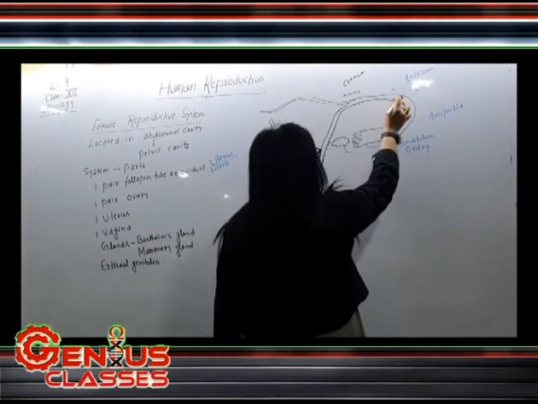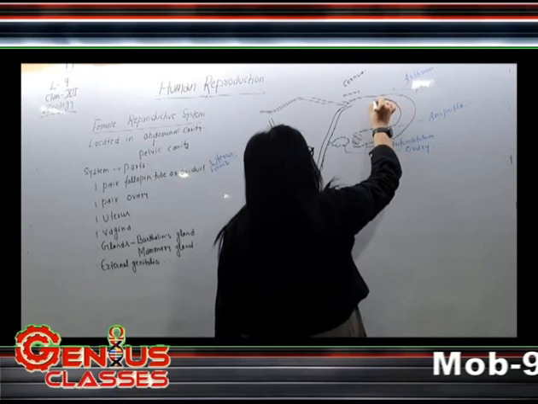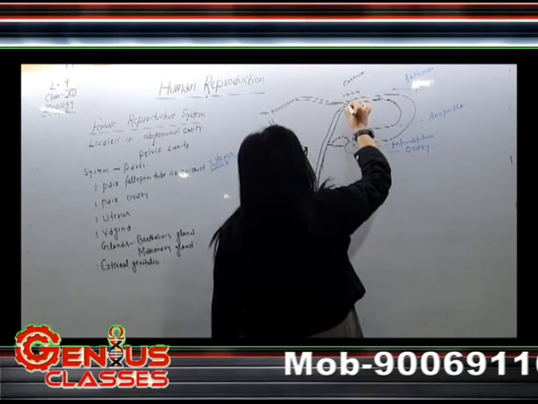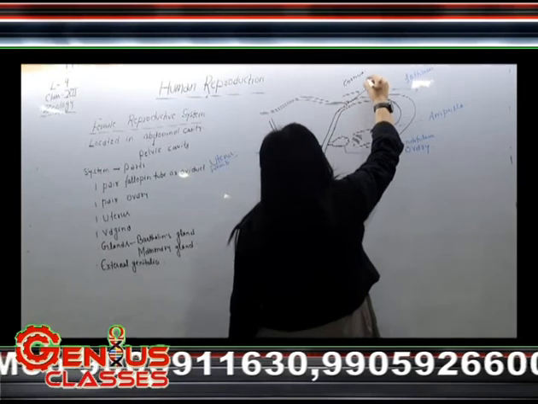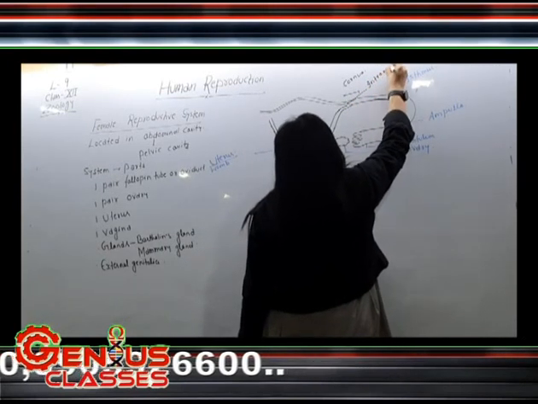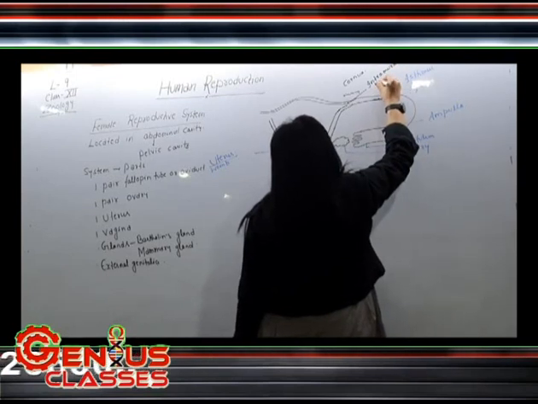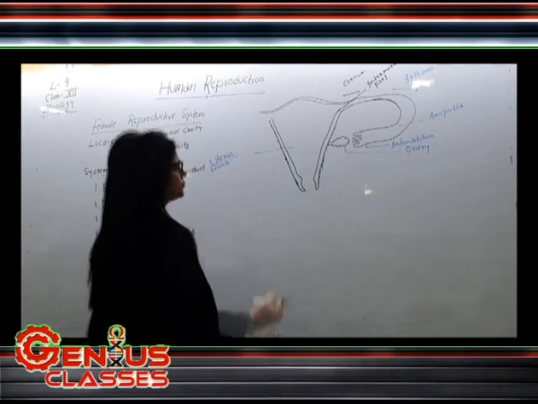Suppose this is the part and it is entering inside this cavity. This part is called the intramural part.